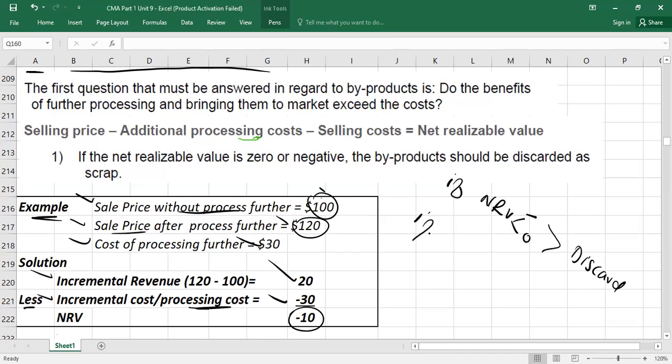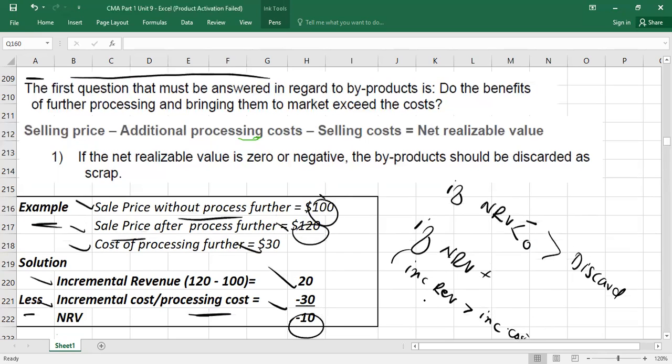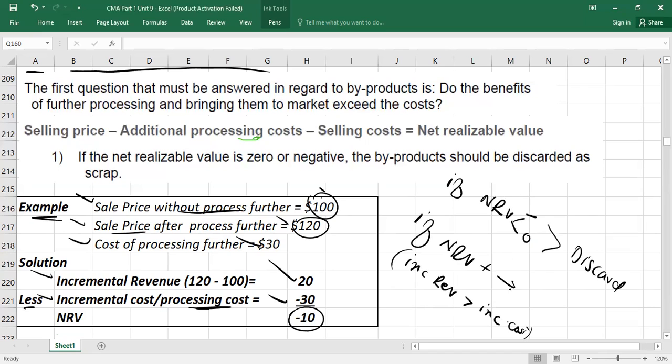But if NRV is positive, NRV will be positive in only one scenario, where your incremental revenue is greater than incremental cost. In that scenario, it will be positive. If NRV is positive, then we should process further. If it is negative or 0, please don't process further. So this is the first common question he will ask you: to tell whether we should process further or not this byproduct.